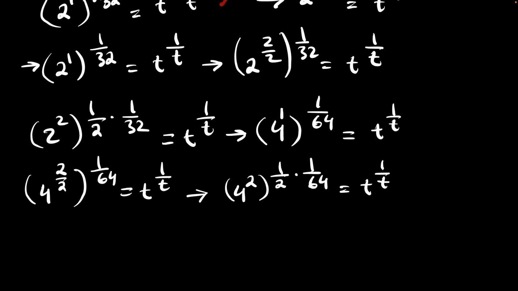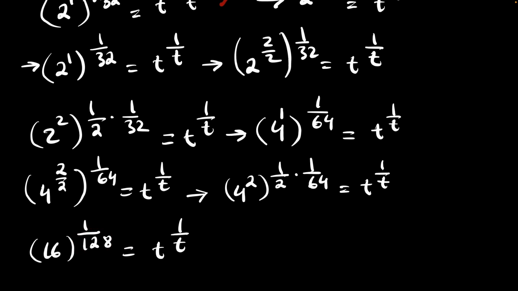It means 4 times 4 is 16, to the 1 times 1 is 1, and 2 times 64 is 128, is equal to t to the 1 over t. So maybe you noticed again that on the right side we have t and t, they are equal, but here we have 16 and 128, they are not equal.